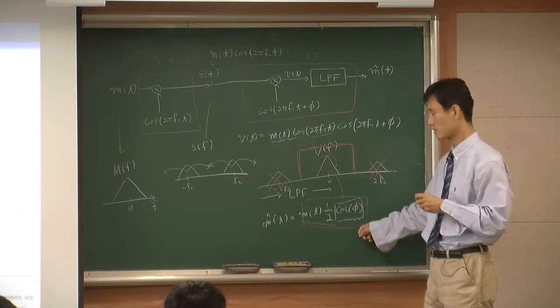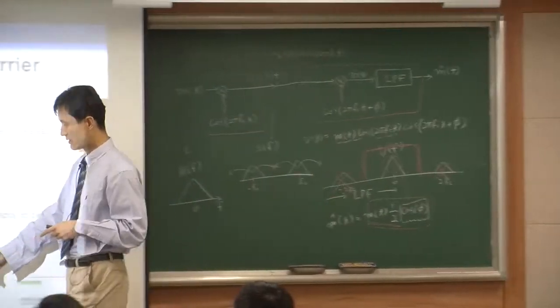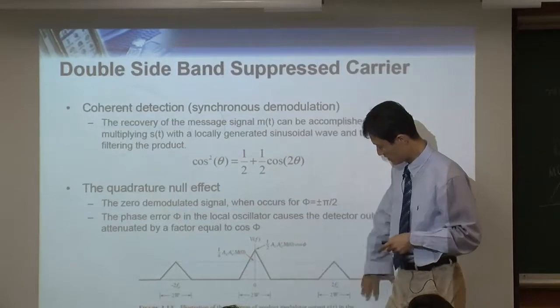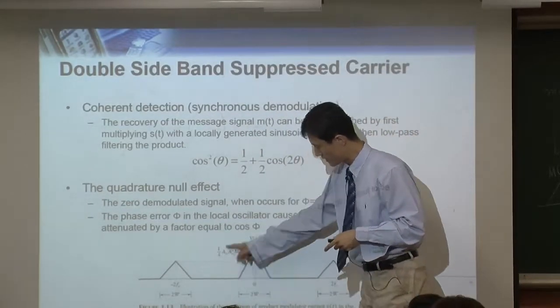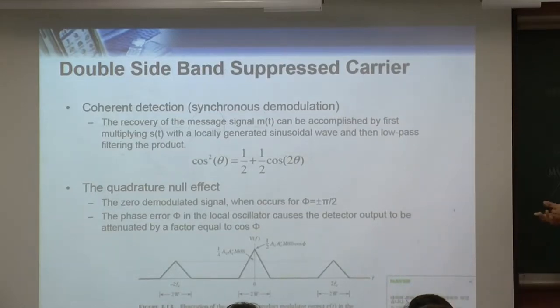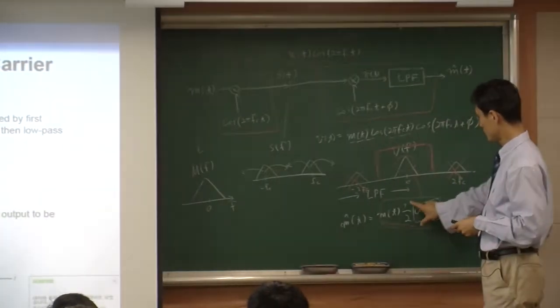So by putting in the low-pass filter, we kill the other guys, and we only let this guy pass through our low-pass filter. Okay, so that's what we want.